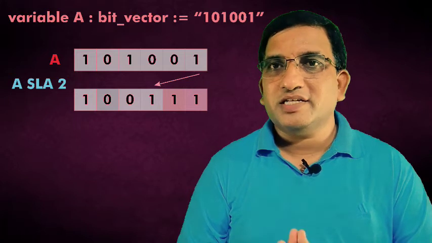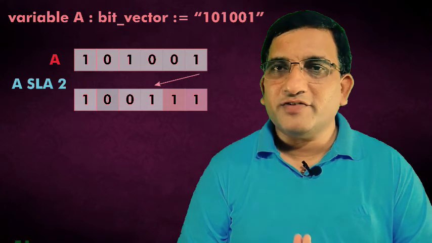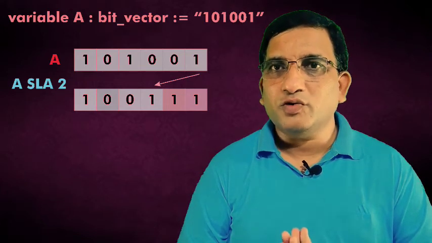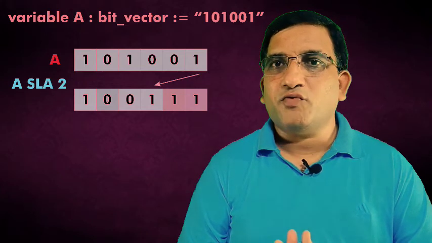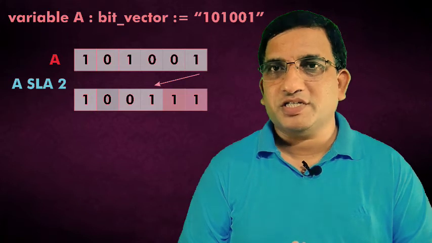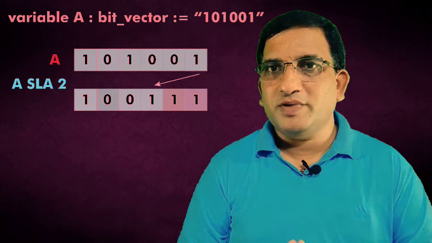ASLA2, that is shift left arithmetic. In shift left arithmetic or shift right arithmetic, you have to remember that the vacated bit positions will be filled with special bits. And what will be the special bits?